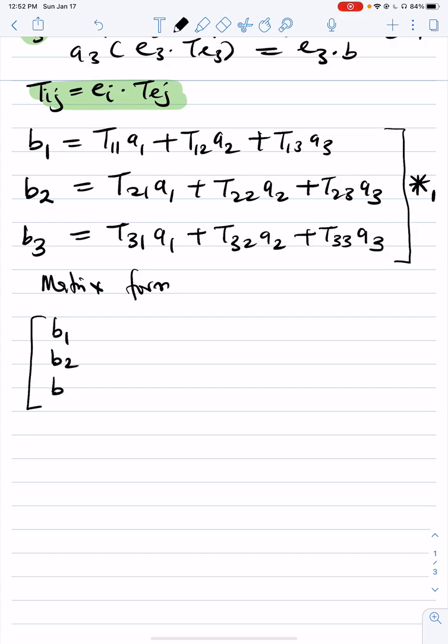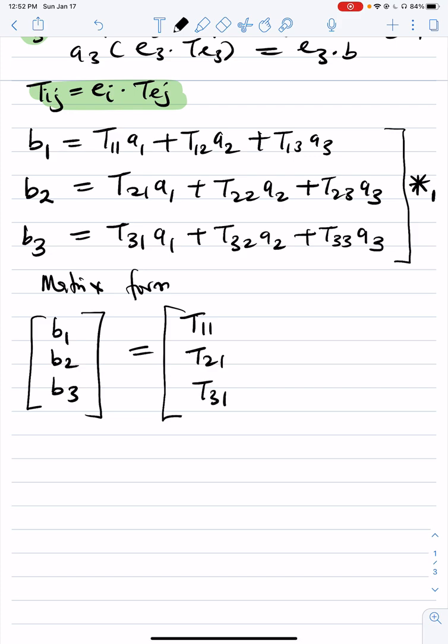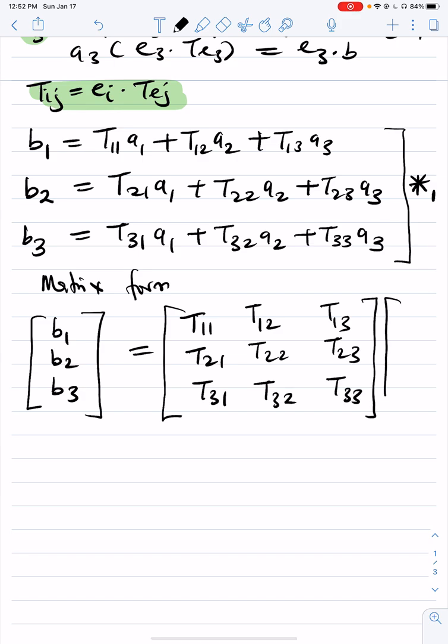B1, B2, B3 equals the matrix with T11, T21, T31 in the first column, T12, T22, T32 in the second, then T13, T23, T33, and it's assumed that you're multiplying by a vector A1, A2, A3.